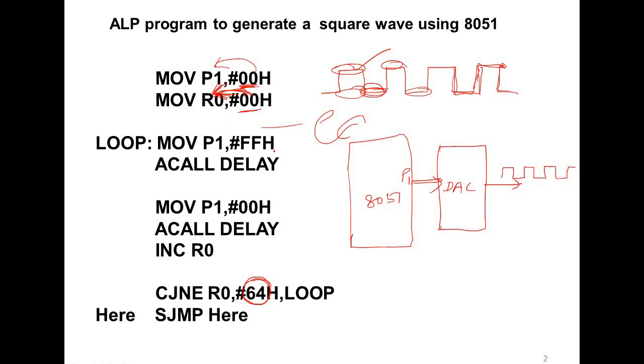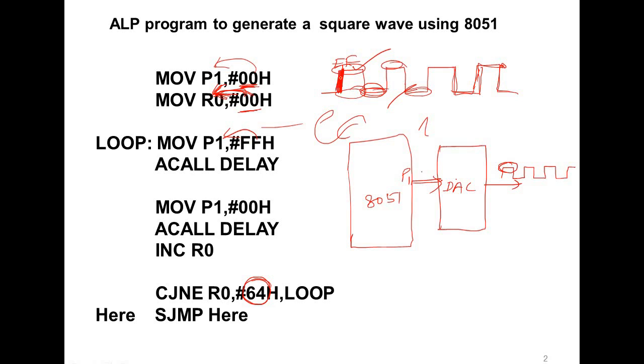Next, the first value FF is sent to port 1. Through port 1 it goes to the DAC, and the DAC produces the output.